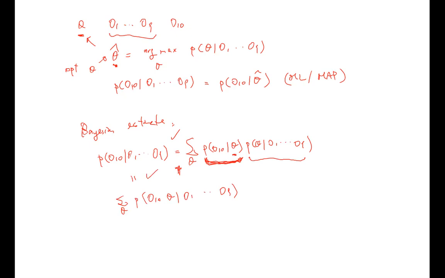Now I'm going to use Bayes rule here: P of theta given O1 to O9 times P of O10 given theta and O1 to O9. So you see, it's almost the same as here. The only assumption I made is conditional independence. I'm assuming the model parameter captures everything, so as long as I have the model parameter, the rest is not important.